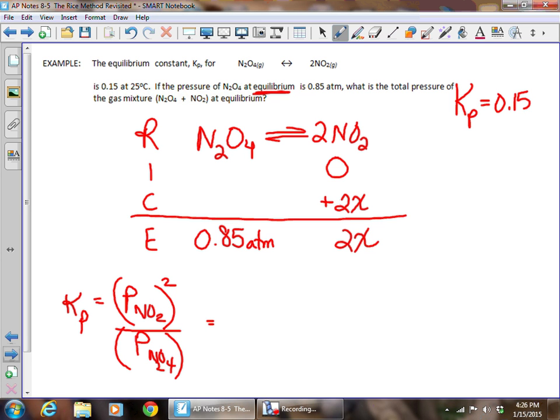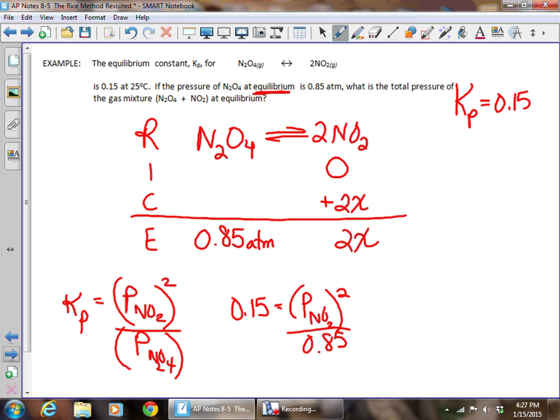We know the values for Kp, which is 0.15, and the pressure of NO2 is our unknown, squared, over 0.85 for the pressure of N2O4.